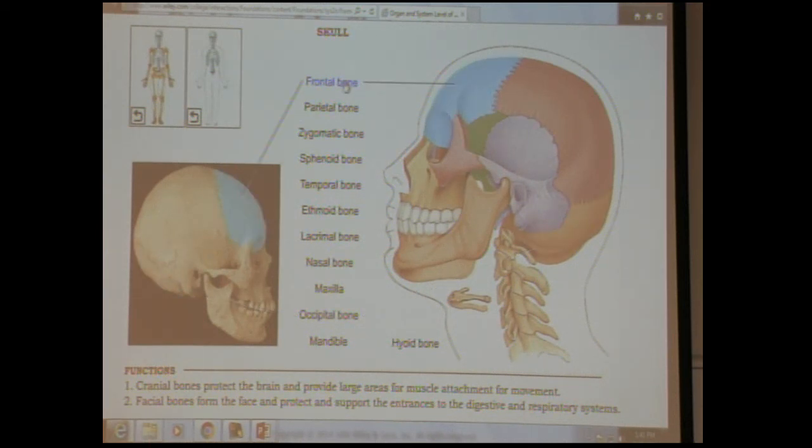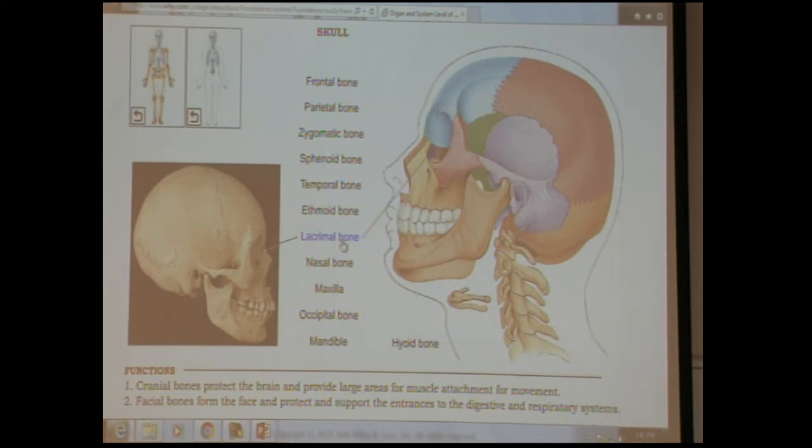So we've got our frontal bone in the front, parietal bone in the back. The zygomatic bone is right here, so basically behind your eyeballs there. The sphenoid bone, I have a better picture of it in the PowerPoint in a second. It kind of forms the top of the roof of your mouth, and it goes up all the way to kind of below your eye. Temporal bone, that's where your temple is. Ethmoid bone, lacrimal bone.